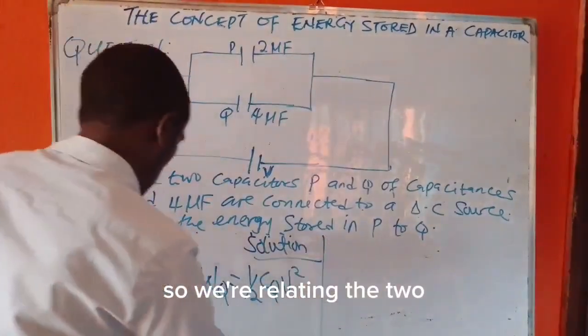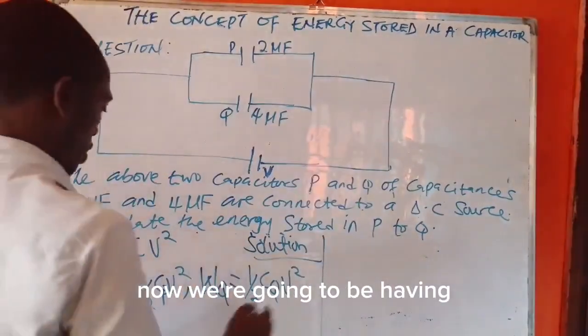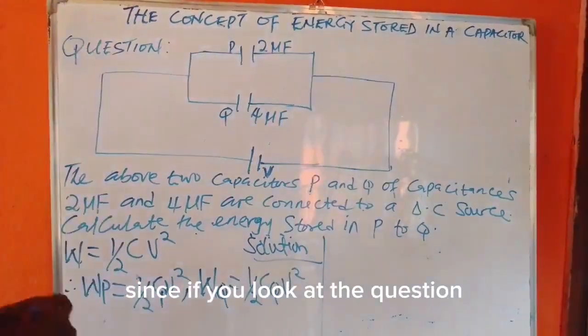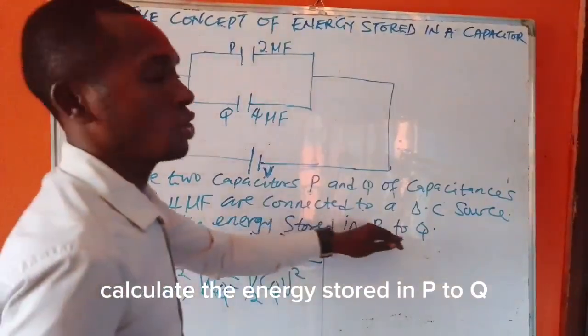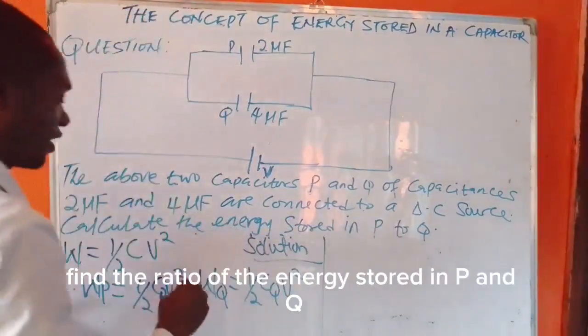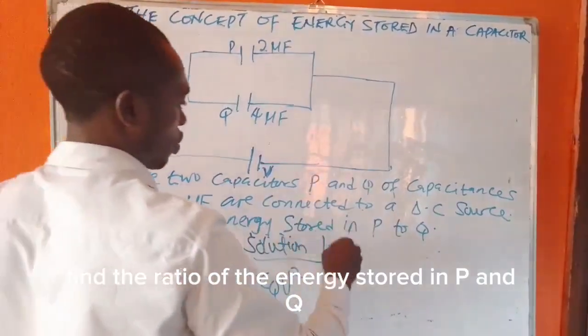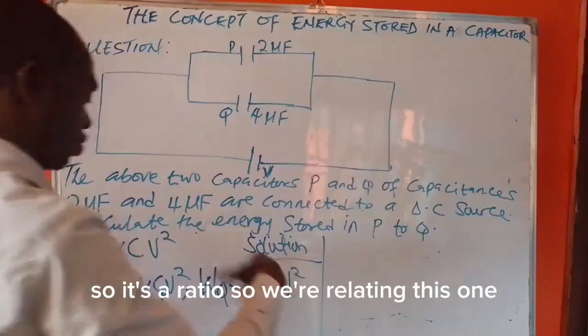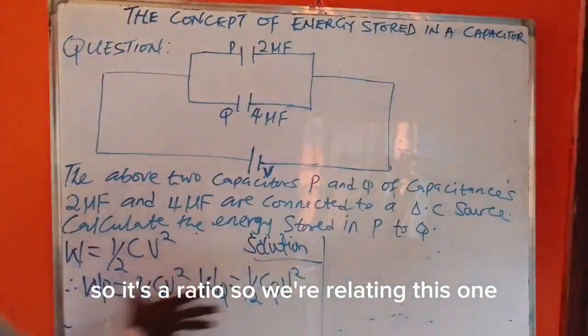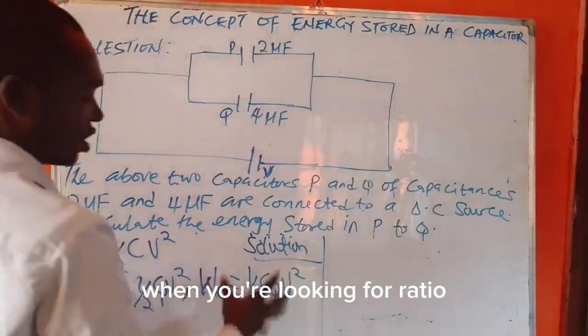So we're relating the two now. If you look at the question, calculate the energy stored in P to Q. So it's more like saying, find the ratio of the energy stored in P and Q. So it's a ratio, so we are relating these. When you are looking for a ratio, it's a division.